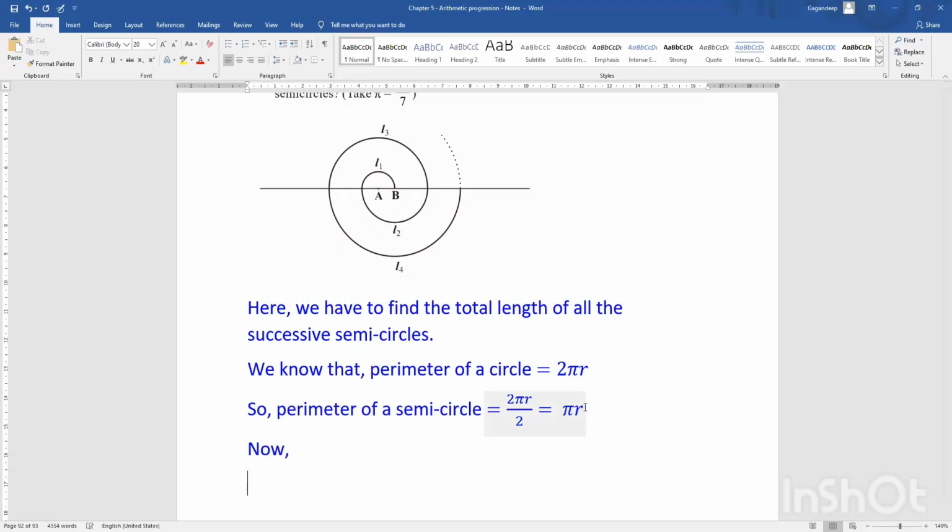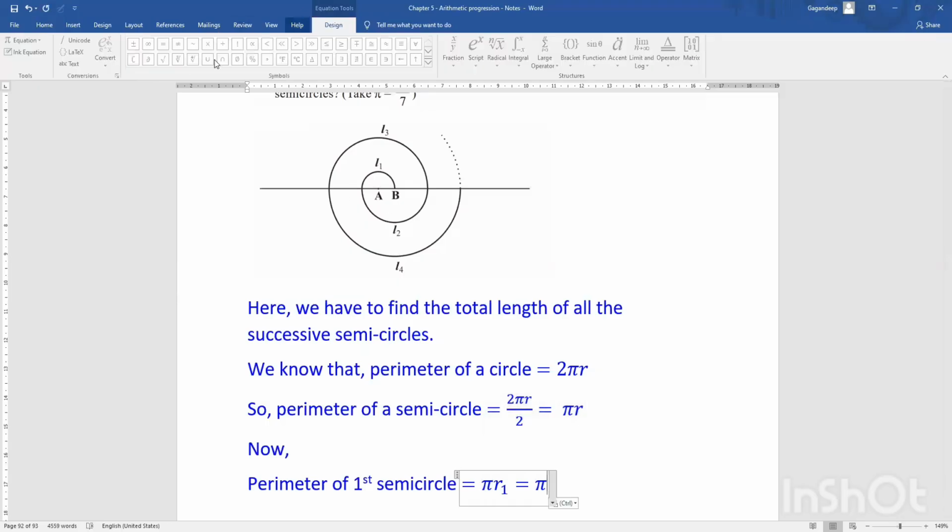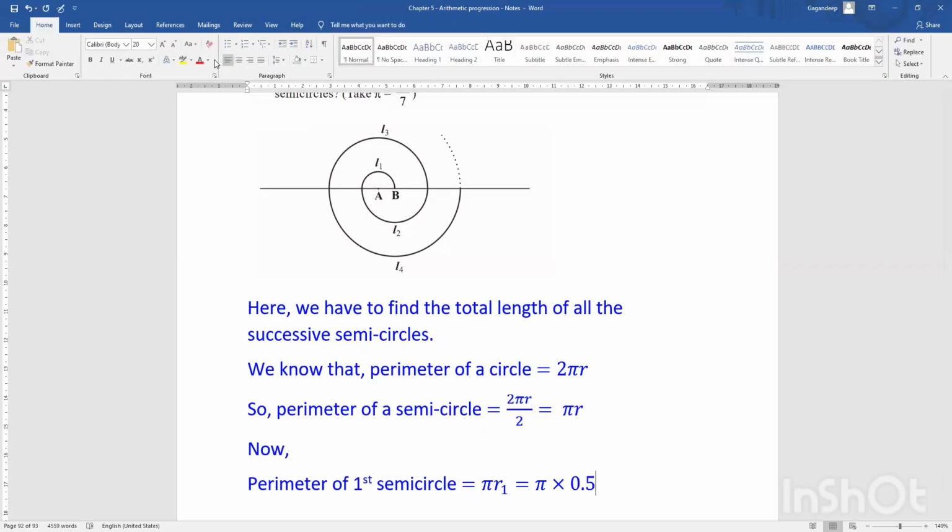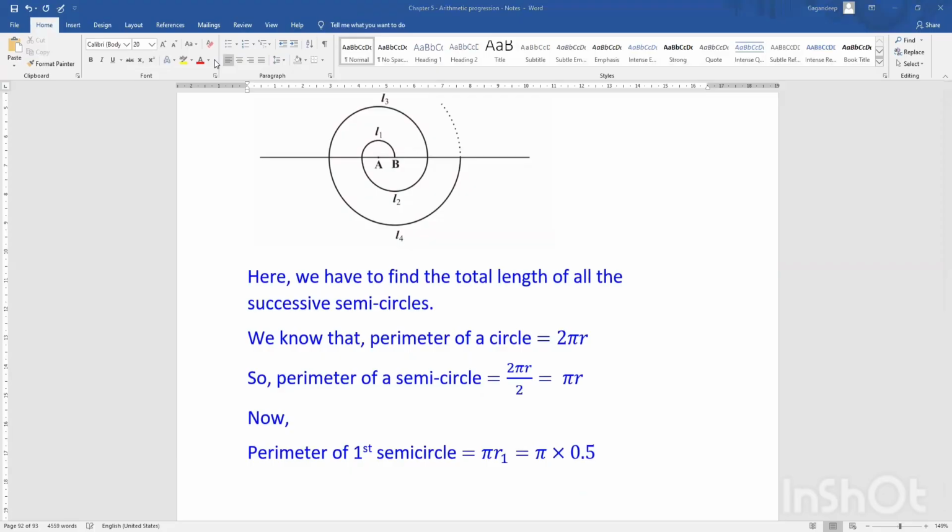Now I have the perimeter of the first semicircle, which is nothing but pi r1, which is pi into 0.5. Then we have the perimeter of the second semicircle, which is pi r2, which is pi into 1.0.